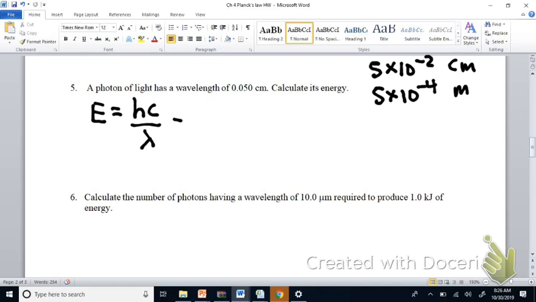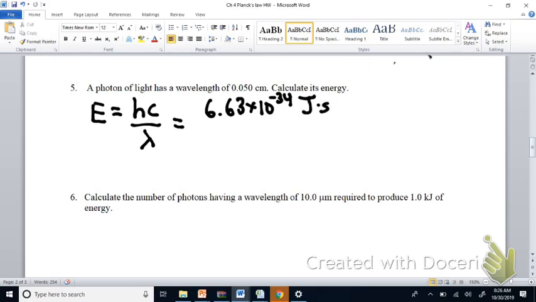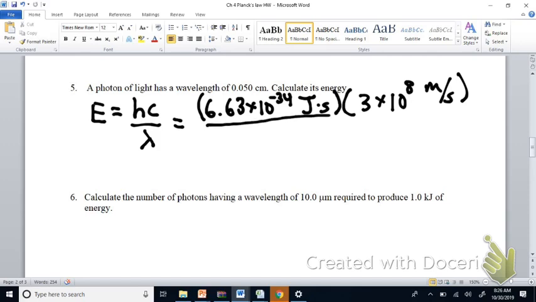So now the rest of this is just plug and chug. 6.63 times 10 to the minus 34 joules times seconds times 3 times 10 to the 8 meters per second divided by 5 times 10 to the minus 4 meters.